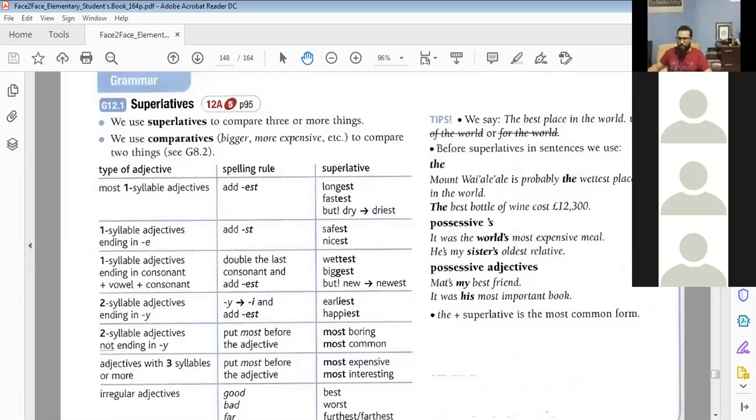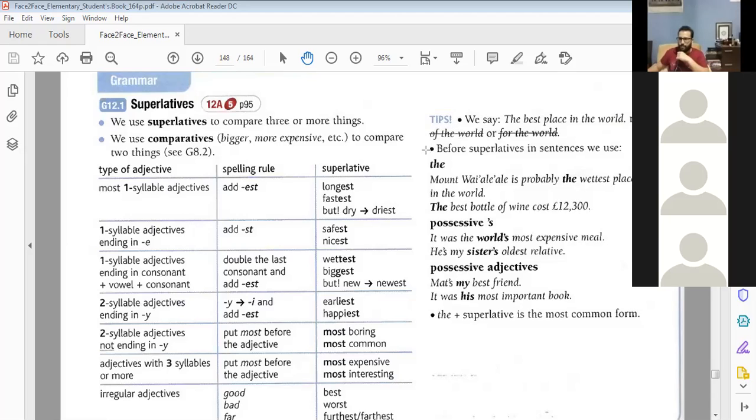Okay, Abdullah, can you read the first tip, please? We say the best place in the world, not of the world, or for the world. Okay, so you have to say in the world. Okay, the best place in the world. Well, what about the second tip here?